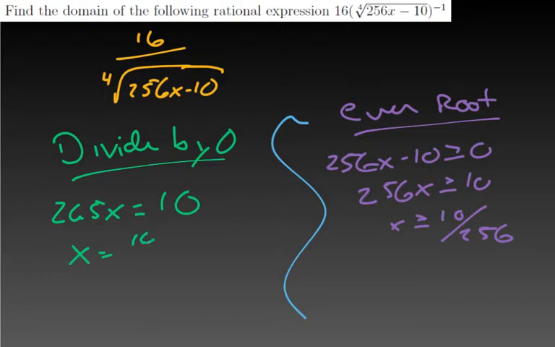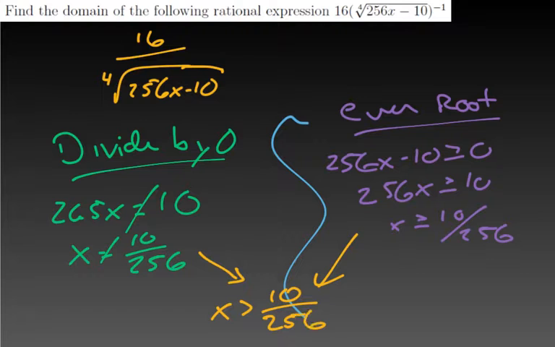So if x equals 10 over 256, that's what we don't want to happen, because that's the one time where this thing would be undefined on the bottom for the divide by 0 reasons. So then in these problems, you look at both things and you think about how those combine. You need to be greater than or equal to that 10 over 256, but you also can't be 10 over 256. So it gives you a domain of strictly greater than 10 over 256.